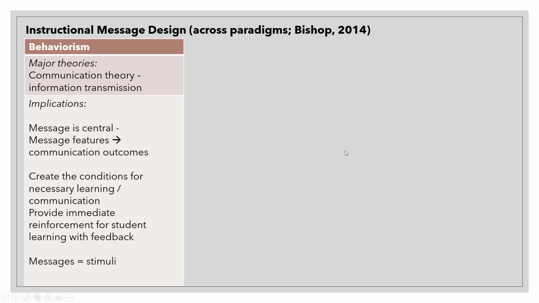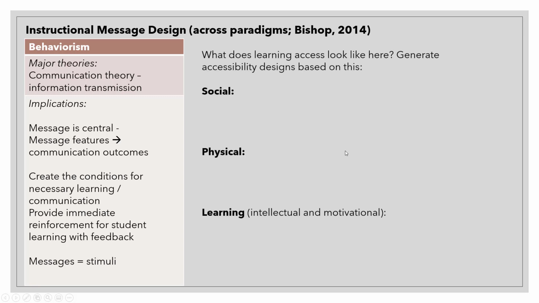So I'm going to give you a few prompts. I'm not going to answer these for you. I just want to prompt this for you and get you thinking about it. But if this is our definition of learning and message design, that we want to design messages or stimuli to create the right conditions for learning or communication outcomes, then what would be the implications of this for accessibility?